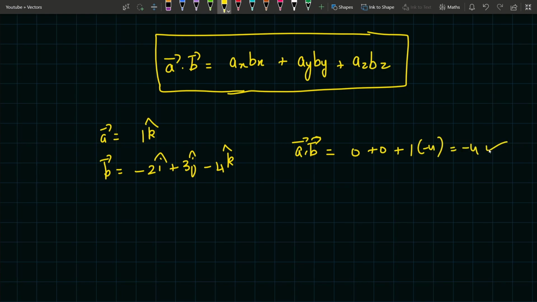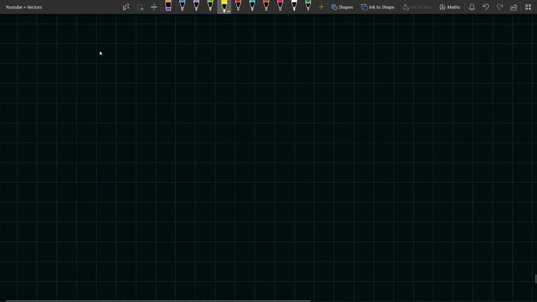That's all. And how to use dot product to find the angle between two vectors. So if you are given two vectors A and B in IJK format, how to find the angle between those two vectors? It is very simple. You can use dot product to do that. You can also use cross product to do that, but dot product is much simpler, because we know that A dot B equals AB cos theta.